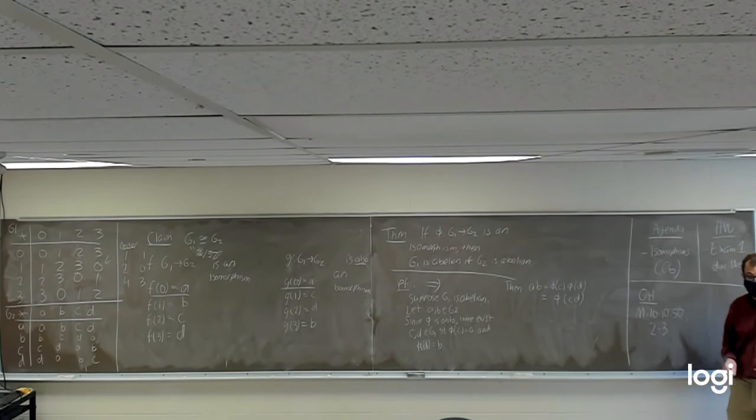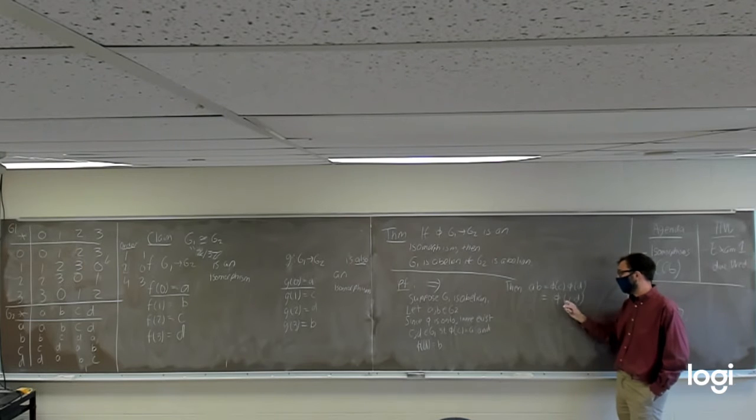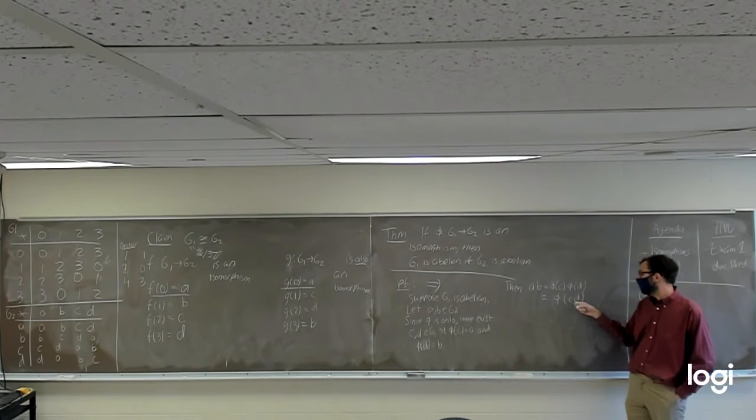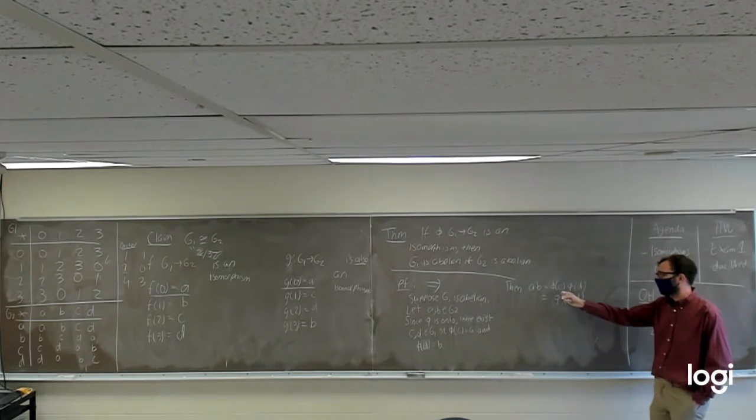Did we assume that G1 and G2 were using the same group operation? We're not. So this is a little bit of sloppy notation. Technically, when I say phi of C times phi of D versus phi of CD, this multiplication in here does not have to be the same operation as this sort of multiplication. So really in here, we're using the group operation from G2.